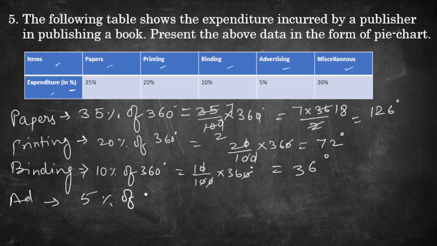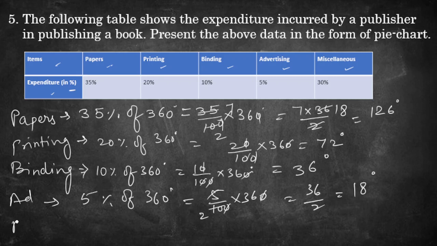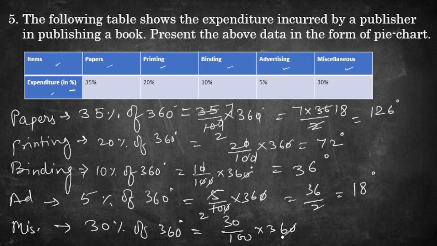So 5% of 360, so 5 by 100 into 360, 0 to 0 cancel out, so it is 36 by 2, which is 18 degree. Now next is miscellaneous. Miscellaneous is 30% of 360 degree, so 30 by 100 into 360, so 0 to 0 cancel out, 36 3s are 108, so here 108 degrees.